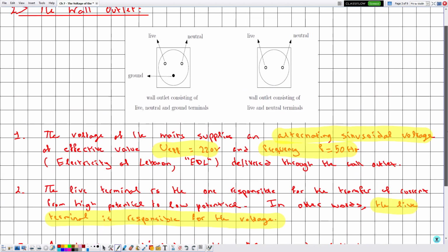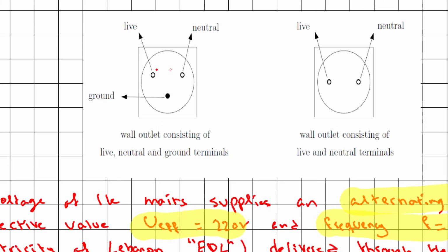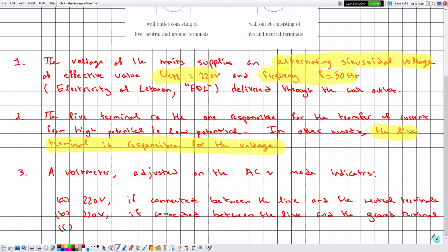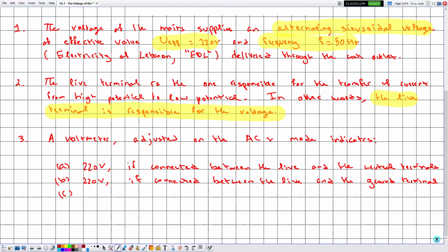Now the last case that we can consider: if the voltmeter is connected between the neutral and the ground. Notice that none of the terminals is connected to the live, which is responsible for the electricity. In this case, the voltmeter will indicate 0 volts, no indication.